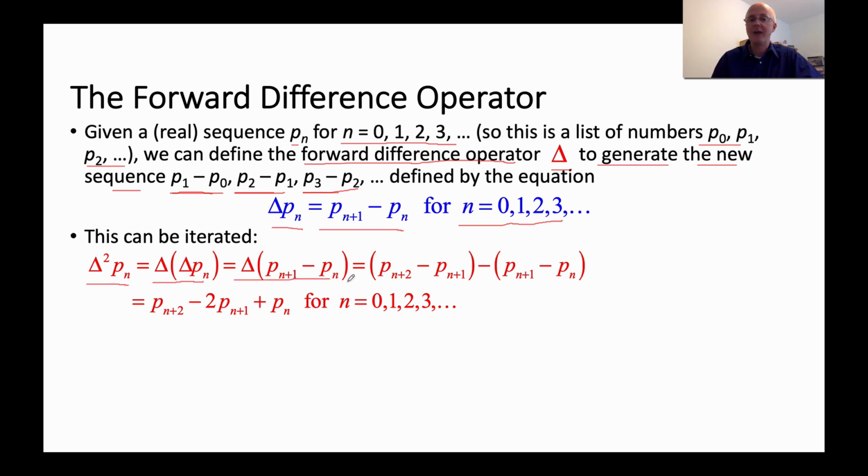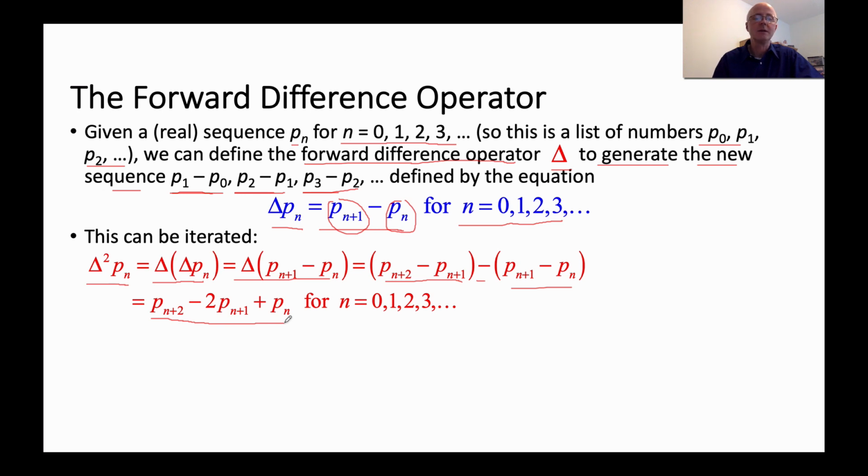When I apply the delta operator to that, the first term here, analogous to this, becomes Pn plus 2 minus Pn plus 1, up the index by 1 in each case, minus the analog of this, which is Pn plus 1 minus Pn. Simplify that, that simplifies to Pn plus 2 minus 2Pn plus 1 plus Pn, for n starting at 0, then 1, then 2, then 3.